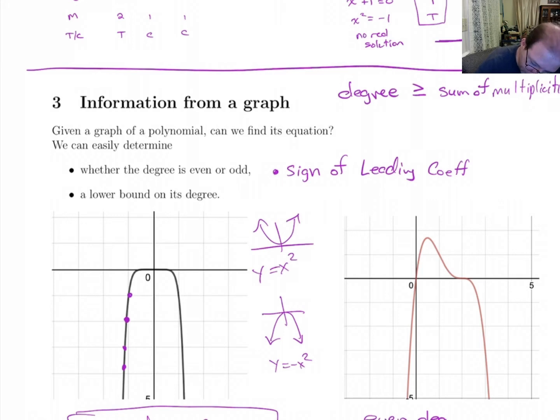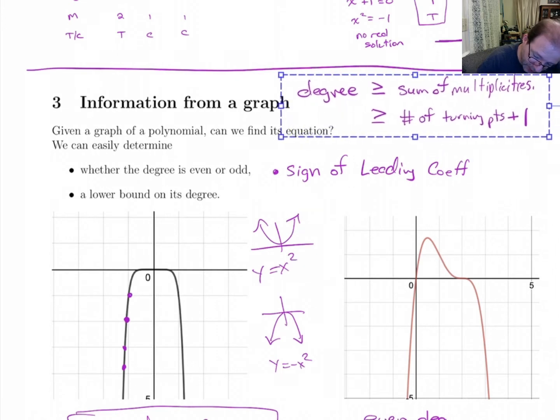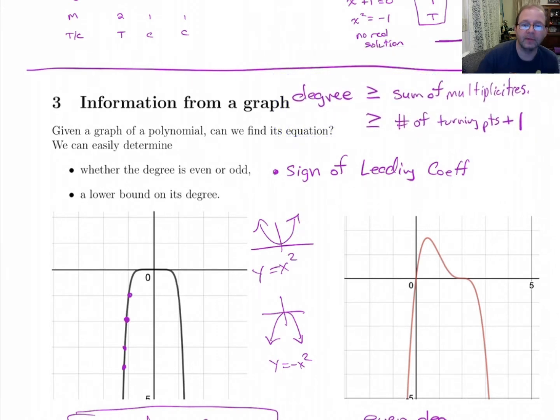And the other is the degree is also greater than or equal to the number of turning points plus 1. Let me slide that over. I realize it went off the screen slightly. So we can count the turning points or we can count up the multiplicities, and both of those will give us a lower bound on the degree.